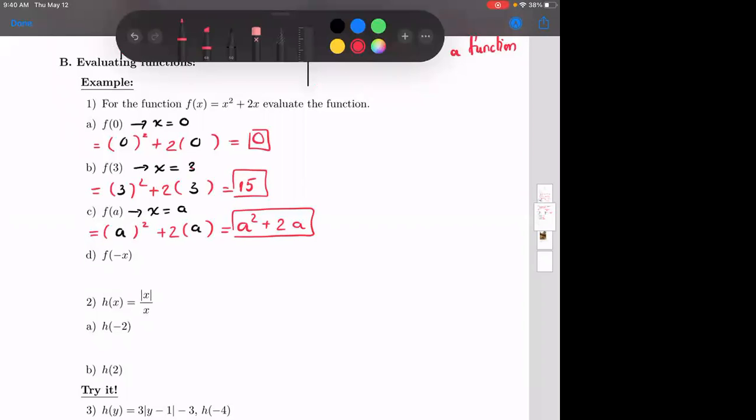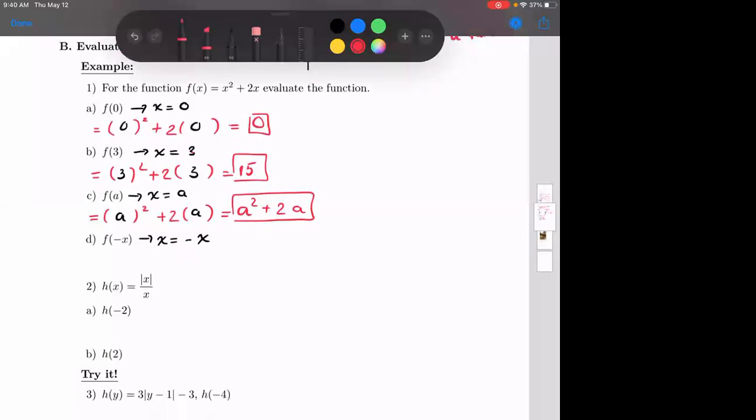F of negative x. What do you think? Someone tell me the answer. Careful, careful. Negative x is in parentheses, so that means what?